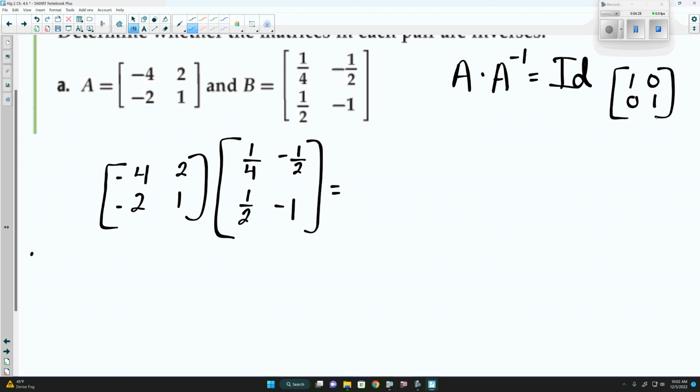If we get something other than the identity matrix, then they are not. Now, there are two different ways we can do this. One, we can do this by hand, or the other is in the calculator. Either way.